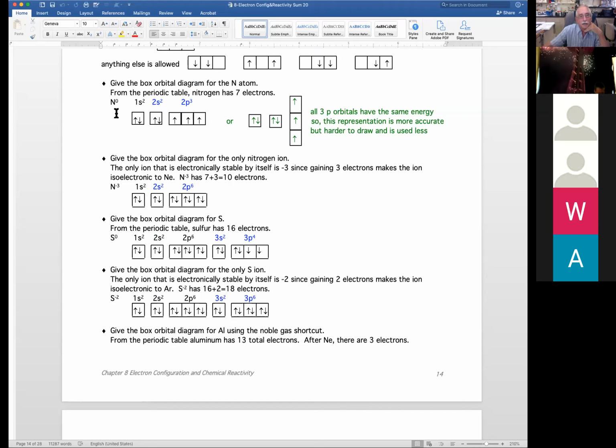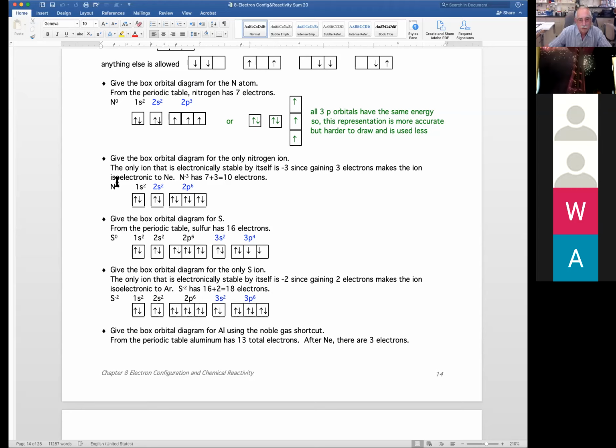So now you see nitrogen is this as the element. What about the nitrogen ion? So nitrogen is right here. What does it want to do to become like a noble gas and stable? Gain 1, 2, 3 electrons to be isoelectronic to neon.